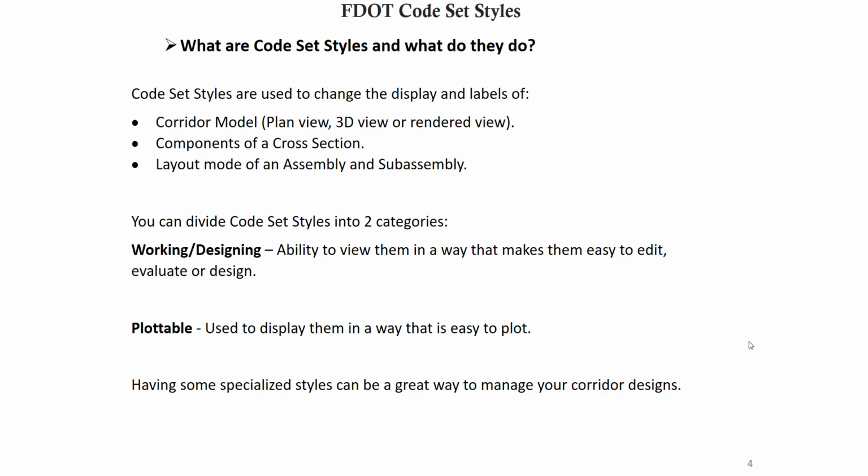In a cross section, maybe you want to show some of the subassemblies hatched. Maybe you want to show some of the line work as dashed or continuous line work. Or maybe you want to expose some of the labels that are in a subassembly. You want to show them in your cross sections and have your cross sections automatically label themselves.